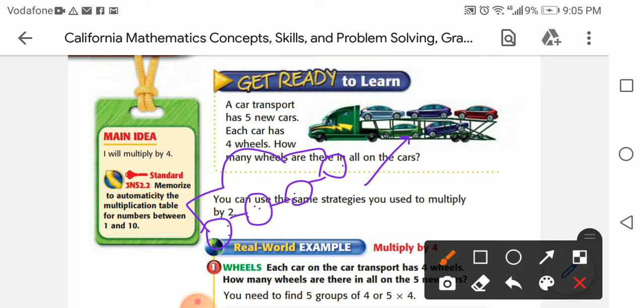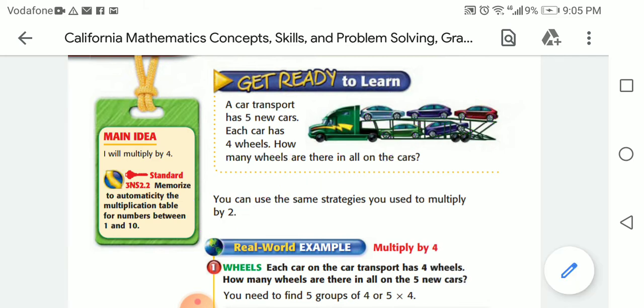So if we draw 5 cars, 1, 2, 3, 4, 5, 6, 7, 8, 9, 10, 11, 12, 13, 14, 15, 16. So we have here 16.